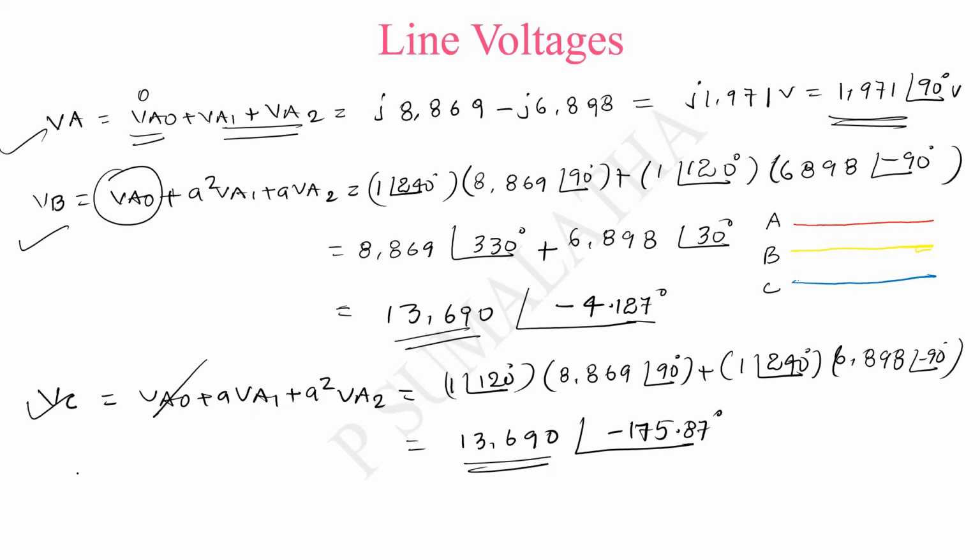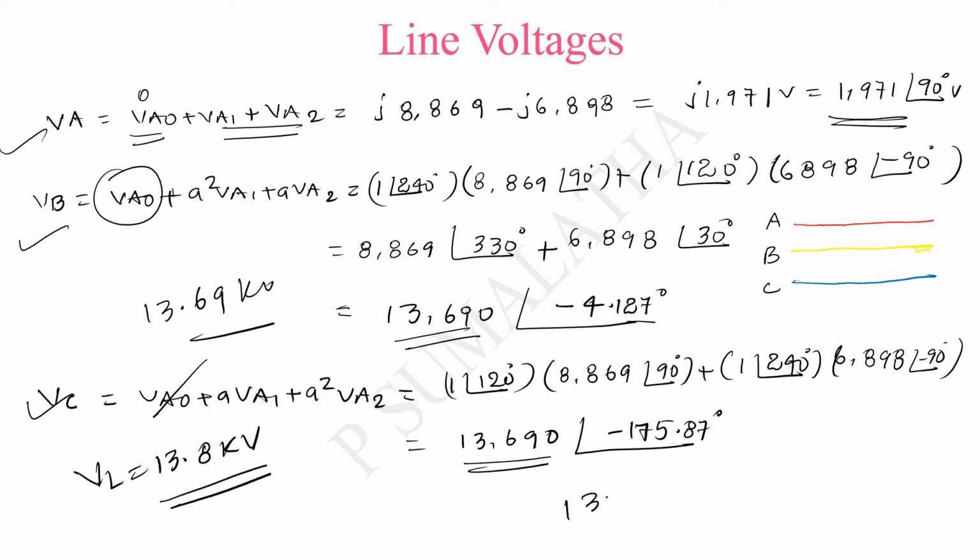For us, the given line voltage is 13.8 kV. Yes or no? The rated voltage of the system is 13.8 kV. The phase B voltage is 13.69 kV and phase C voltage is 13.69 kV. That means these two values are close to the rated values. But if you look at the phase A voltage, it is only 1 kV.